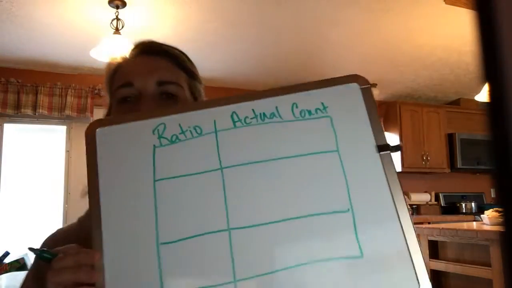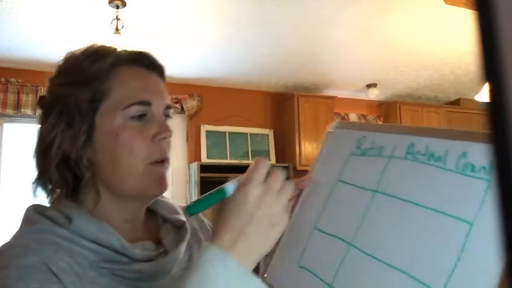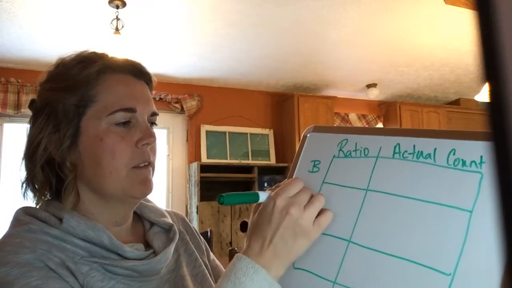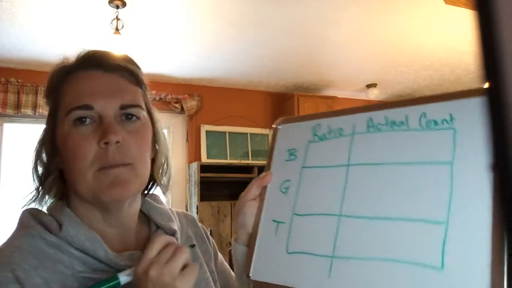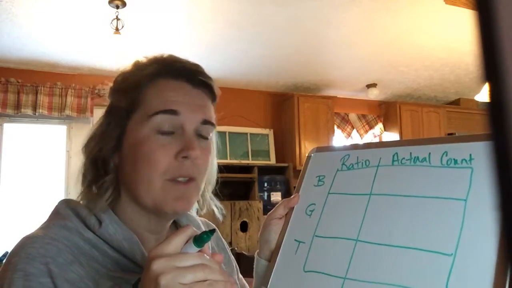Okay, so this is your ratio box. Remember, ratio, actual count. So when I'm reading, and it says ratio of boys to girls, I want this one to be boys, this one to be girls, and my bottom one is going to be the total now, okay? Has to go in order, boys to girls, okay?